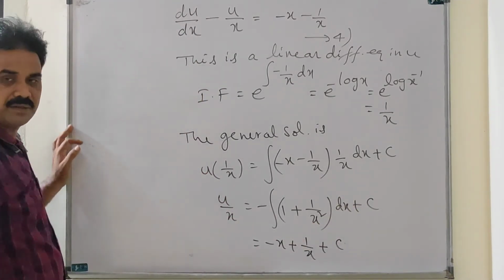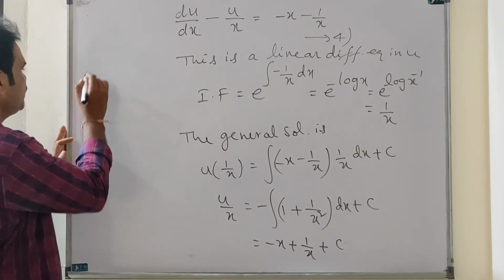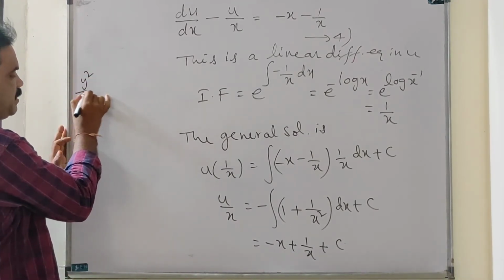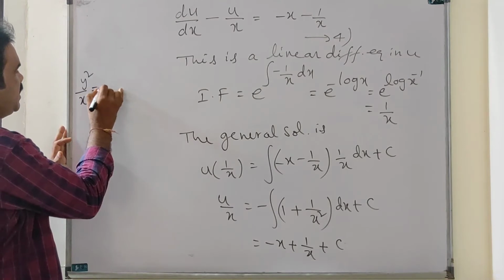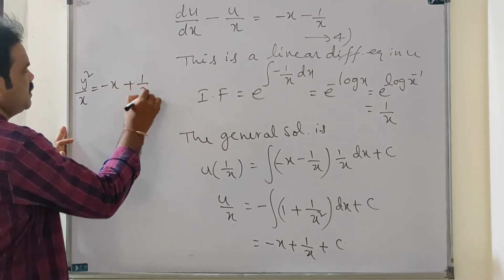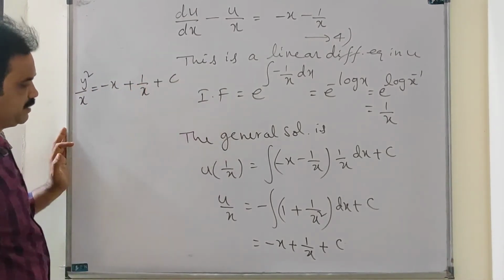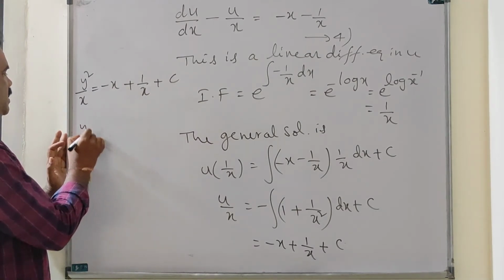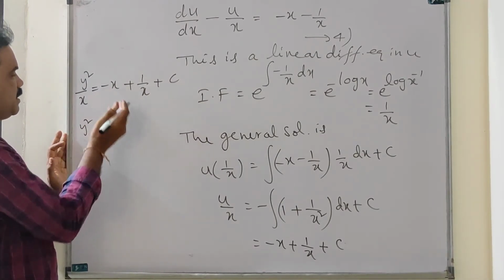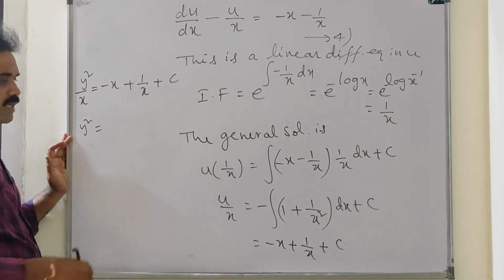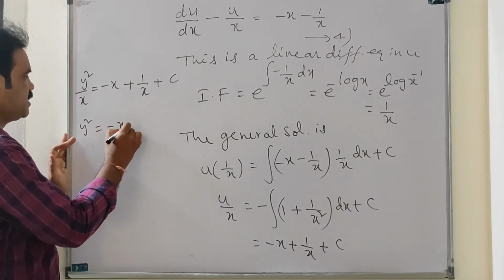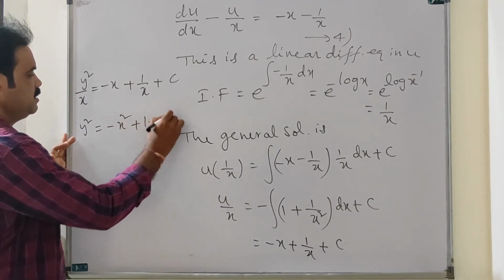What is u here? u is y square. Therefore we get y square by x is equal to minus x plus 1 by x plus c. Taking LCM and cancelling 1 by x on both sides, y square equals minus x square plus 1 plus cx.